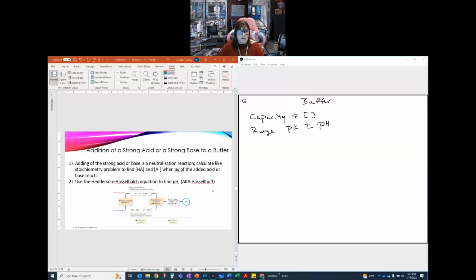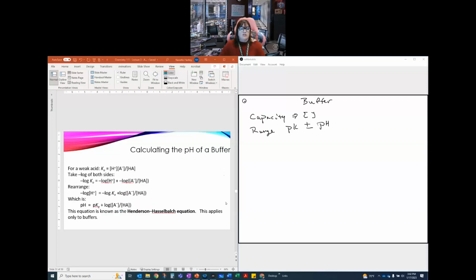I'll show you that equation in just a minute. But we'll do the stoichiometry to figure out how much of the acid that's present has been converted to base, or how much of the base has been converted to acid. Once we know both of those concentrations, then we can do our calculations to see what our pH is.